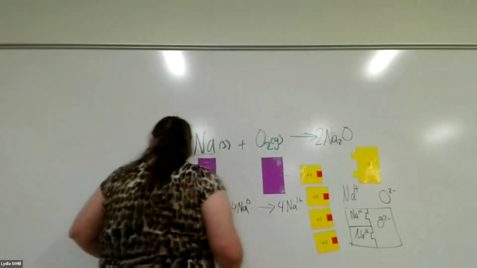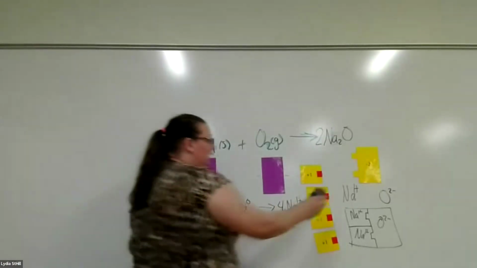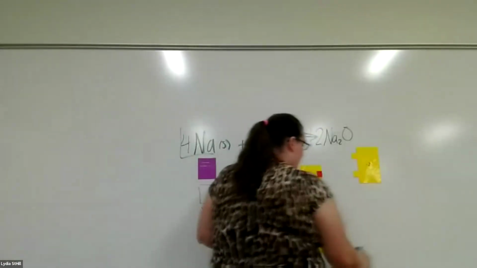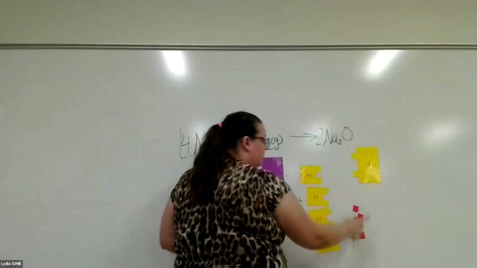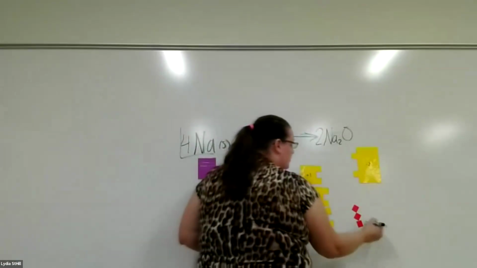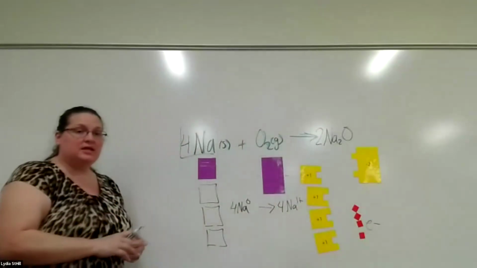So at this point we're going to backtrack and pull them out, and we're going to label these electrons. So these are short for E with a minus sign.